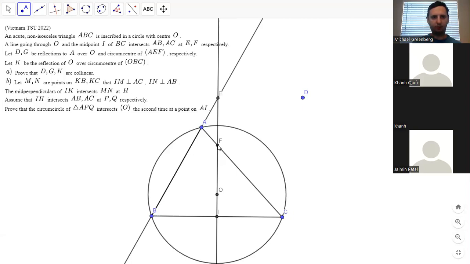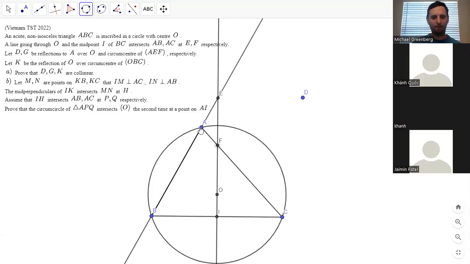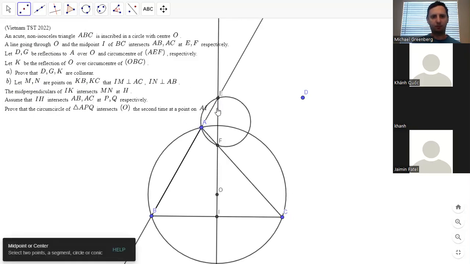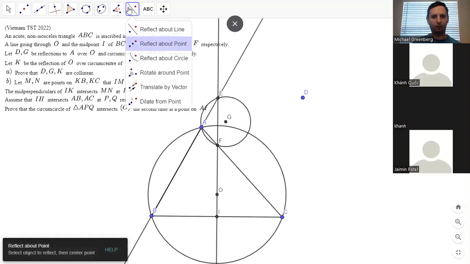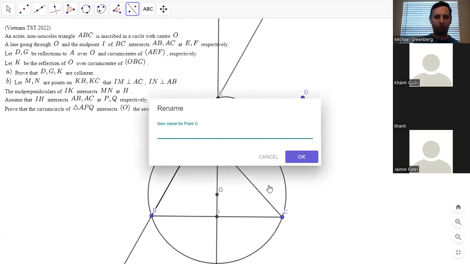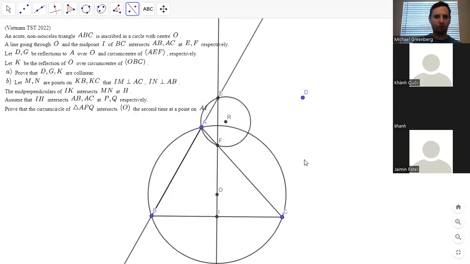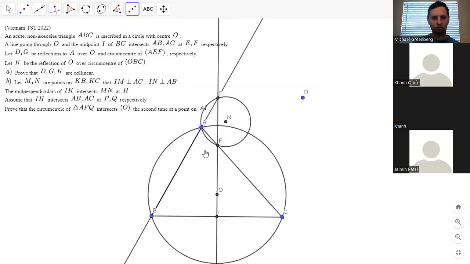D and G are the reflections of A over O and the circumcenter of AEF. So let's draw this circle, and then let's draw the circumcenter. Okay, so the antipode of A in those 2, let's rename this as, I'll call it R. So basically we draw the 2 antipodes of A in those 2 circles.